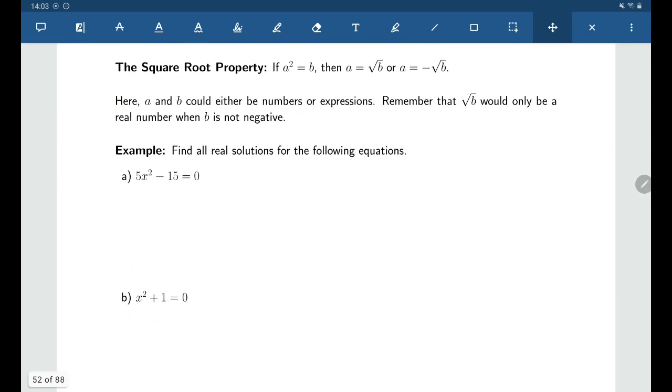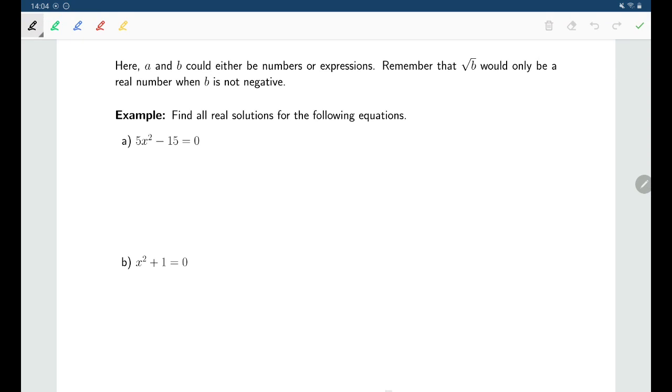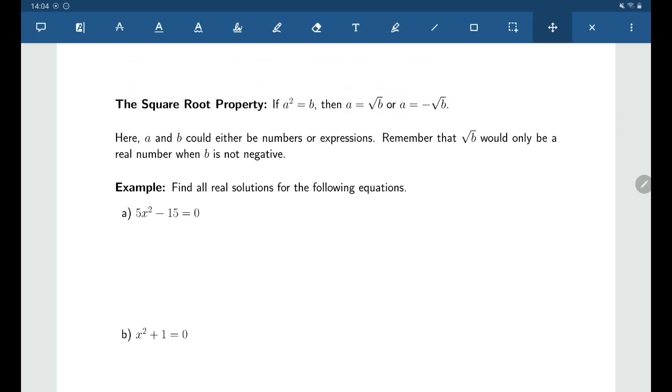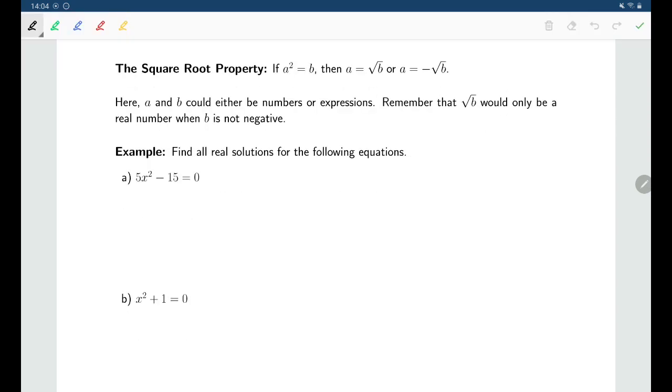Now, this square root property is a useful property, and it's got two parts to it. First is if we have something like a squared equals b, and you were trying to figure out what a could happen to be, remember that for something to be a perfect square, there are two numbers that will take you there.